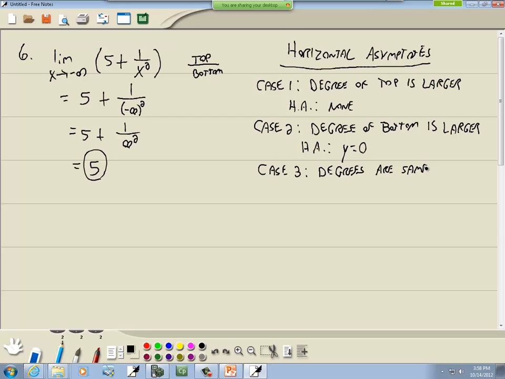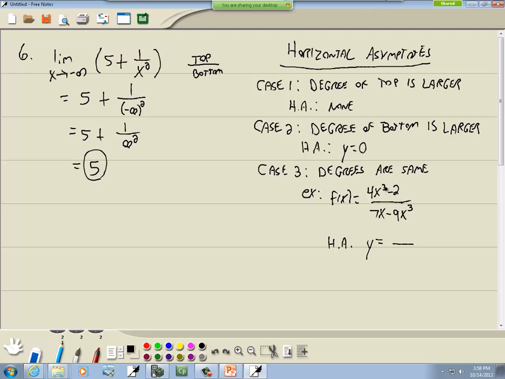So the degree of the top is equal to the degree of the bottom. Now I like to show this with an example. I think it's best shown that way. So I got 4x to the third minus 2 over 7x minus 9x to the third. It's a very easy concept.